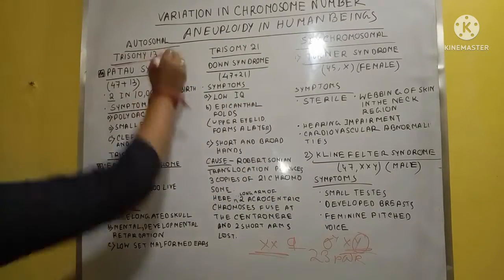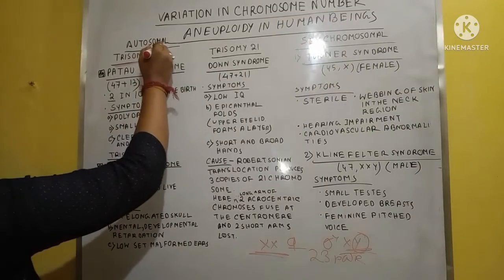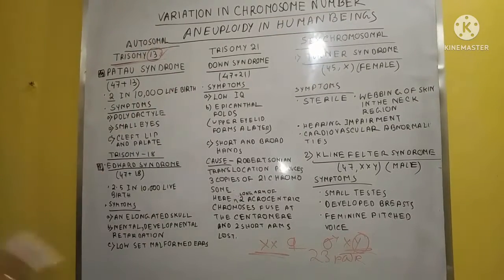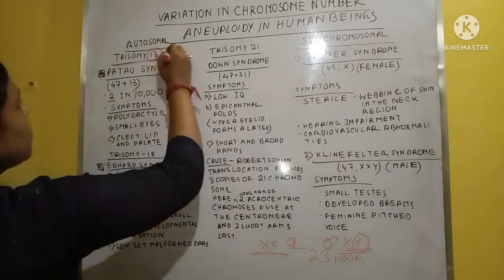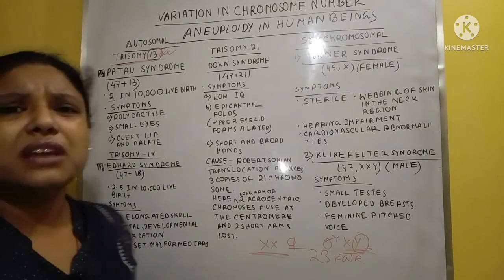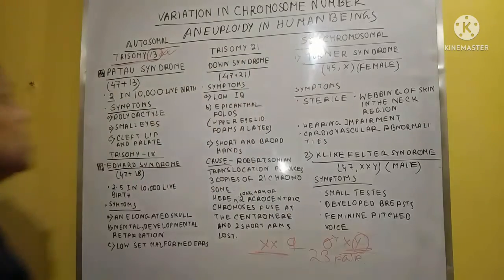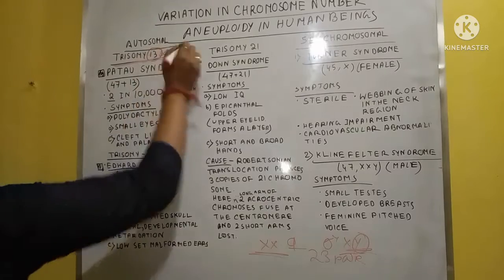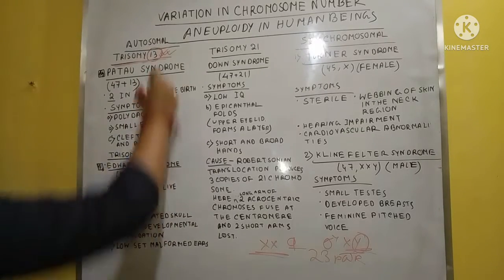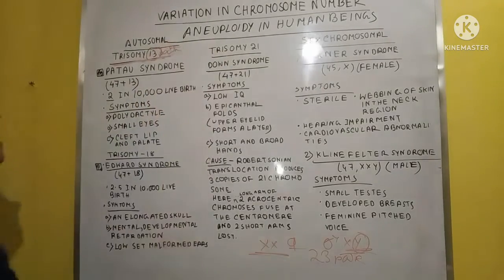In trisomy 13, the highlighted 13 means the number of the chromosome, and if you hear some noises from the outside, please ignore that. Okay, and adjust with me. This is trisomy 13, which means the 13th chromosome is mainly affected here.